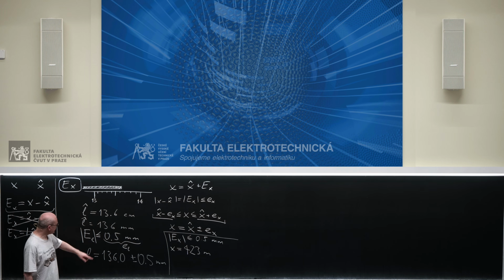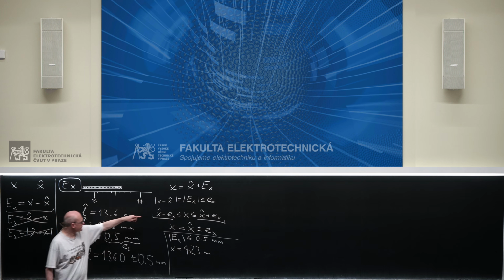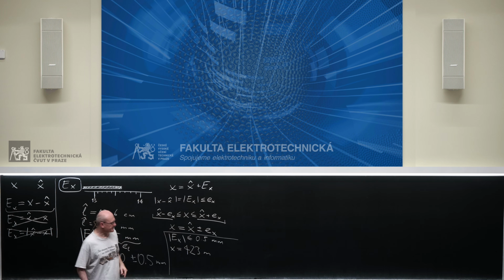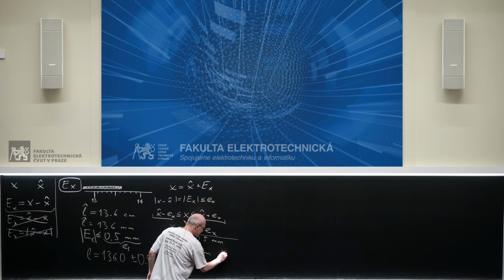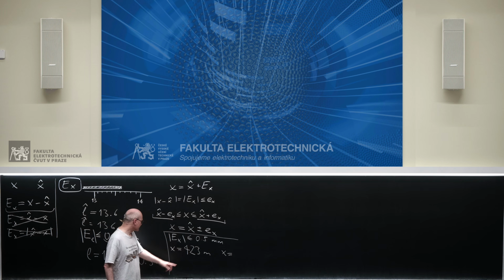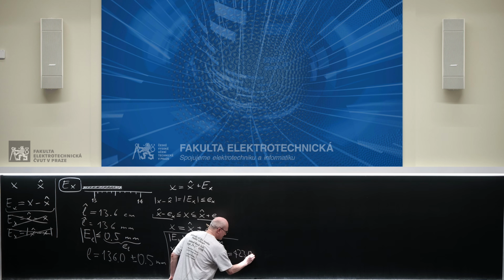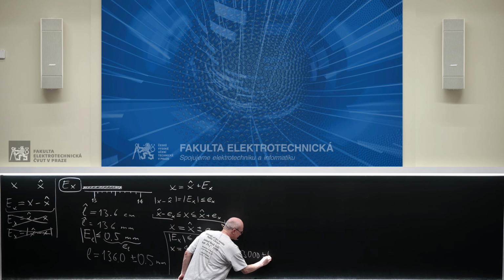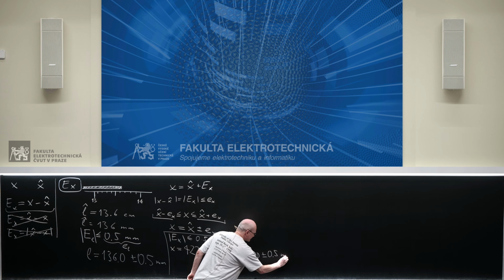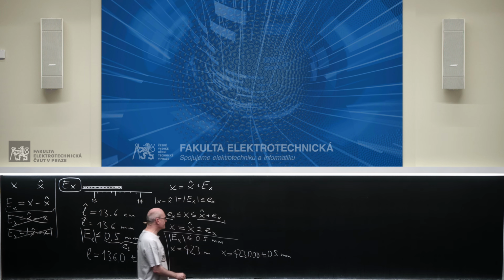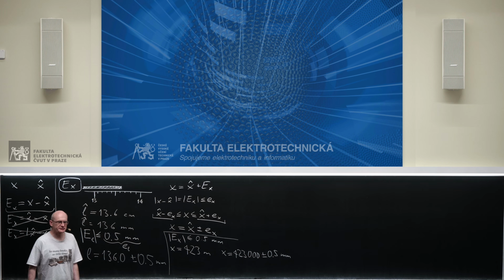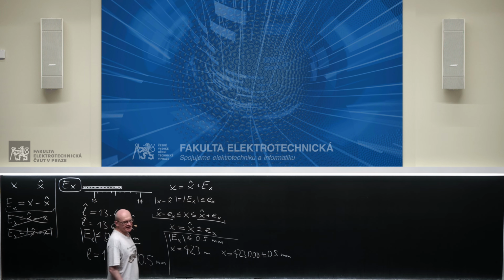Now, following the advice that we obtained over here, I could write my findings as follows. X is equal to, now I'm careful, I need it in millimeters, 423,000 plus or minus 0.5 millimeters. That would be the conclusion. And I look at it and I would say, this is really precise.